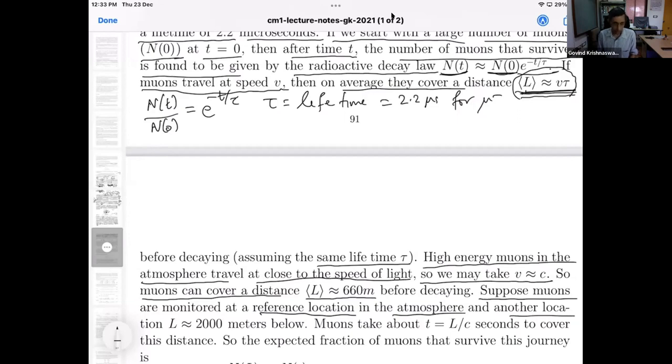In the experiments performed in the late 1930s in the United States, the distance between the upper observation point and the lower observation point, L, was about 2000 meters. This is quite a bit. For instance, Chennai is at roughly 0 mean sea level, and Bangalore is around 980 meters. So this is twice the height of Bangalore, like in Nilgiris or somewhere.